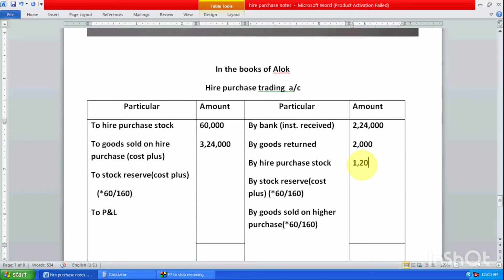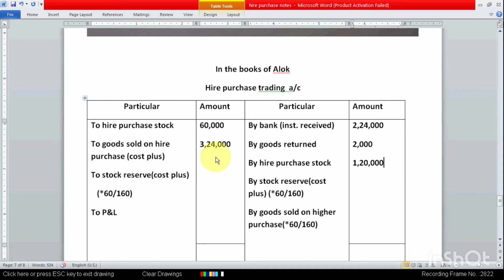Now we have to write the stock reserve entry, means we have to separate the cost plus amount from the original amount. Opening stock and goods sold are on the debit side, and the closing stock is on the opposite side, so we have to write the stock reserve entries on the opposite side.